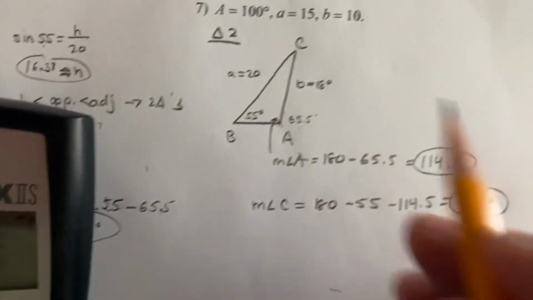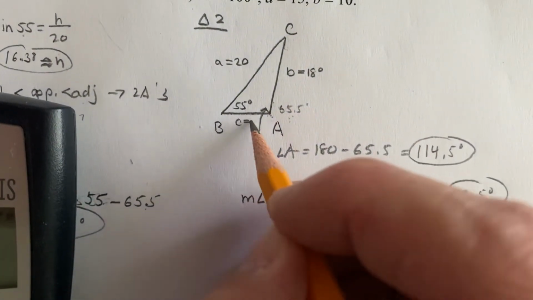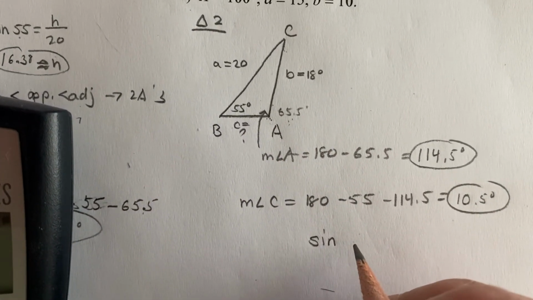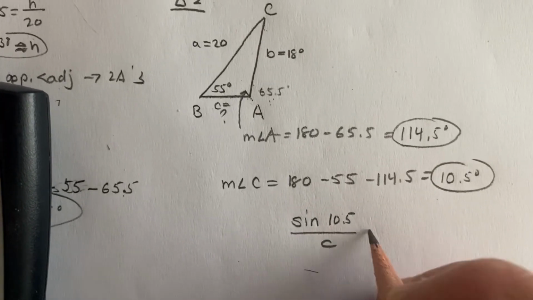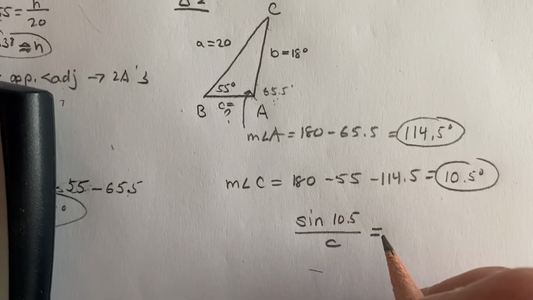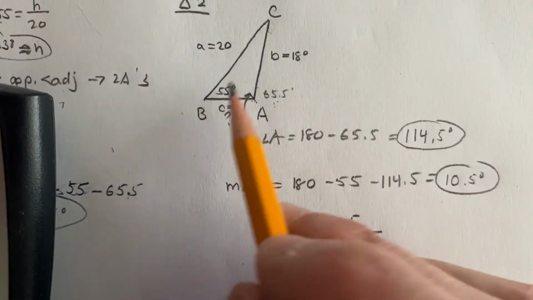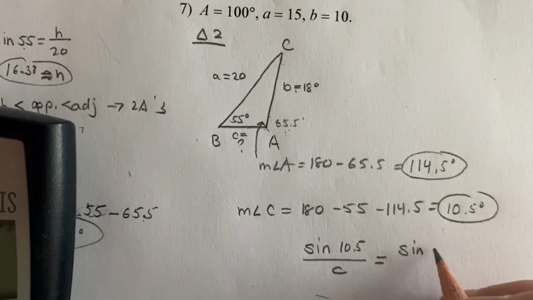And little c, you can compute what little c is right here. You could use law of sines again. So you could say sine of 10.5 degrees over little c is equal to sine of 55 over 18.